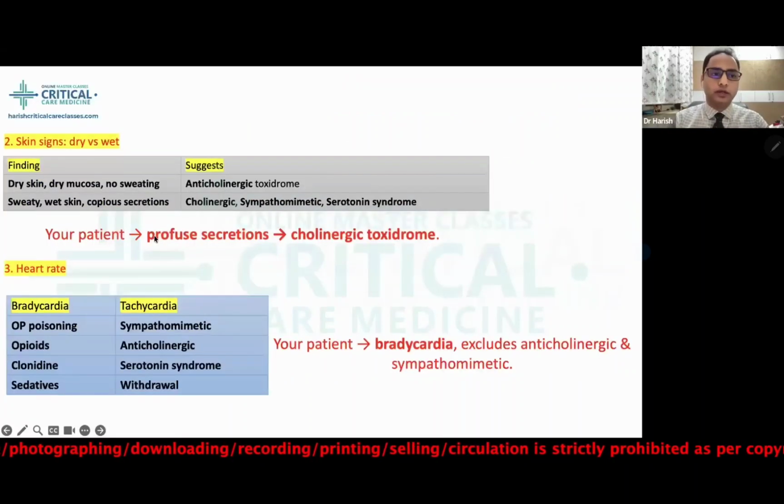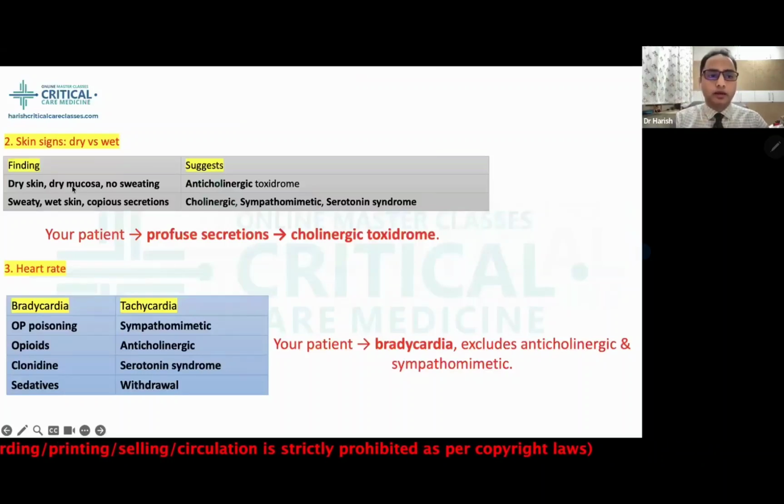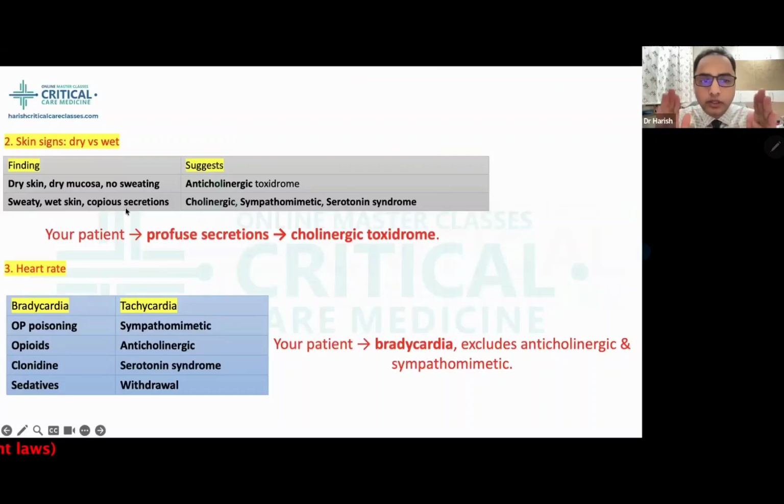Next, skin signs, dry versus wet. Dry skin, dry mucosa, no sweating: anticholinergic toxidrome. Sweaty, wet skin, copious secretions: cholinergic, sympathomimetic, or serotonergic syndrome. Our patient again has profuse secretions, so it is fitting into a cholinergic toxidrome.